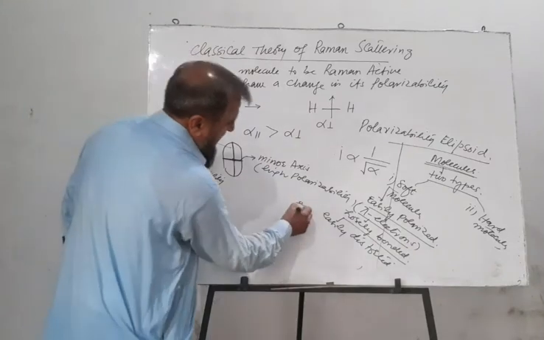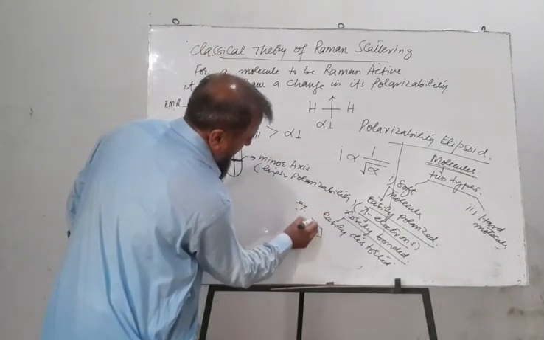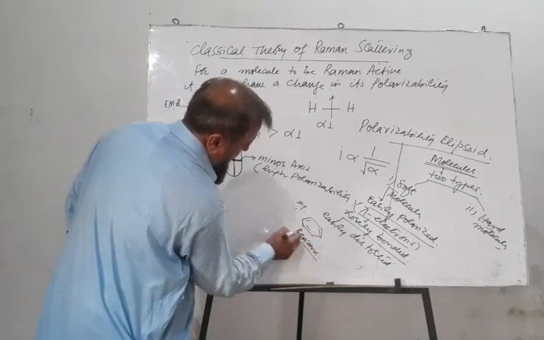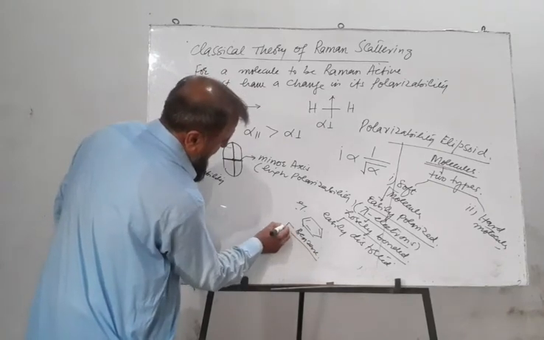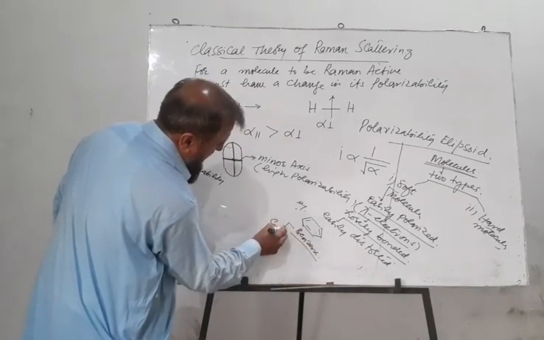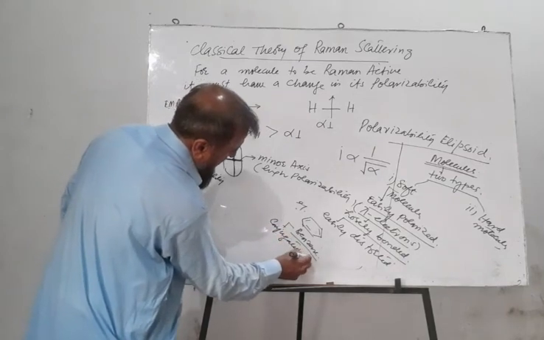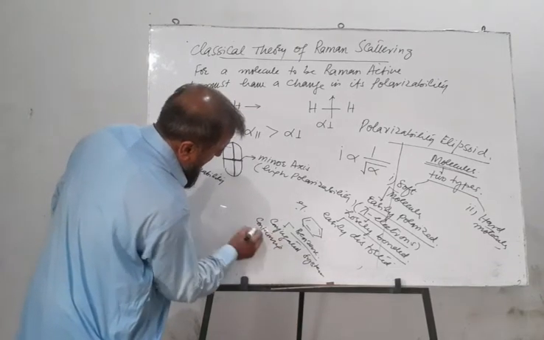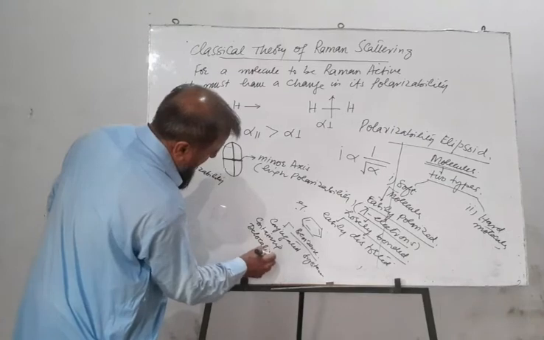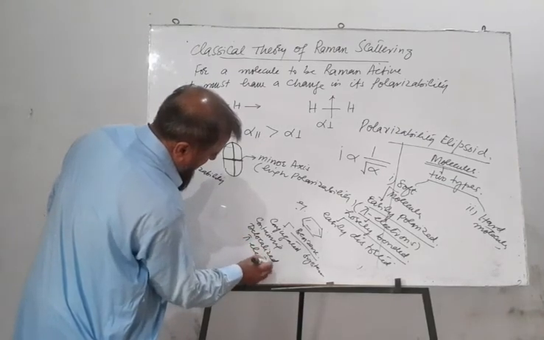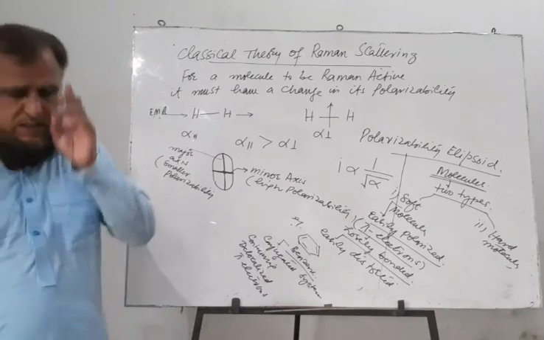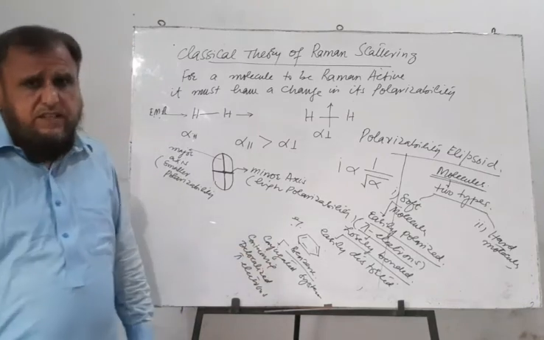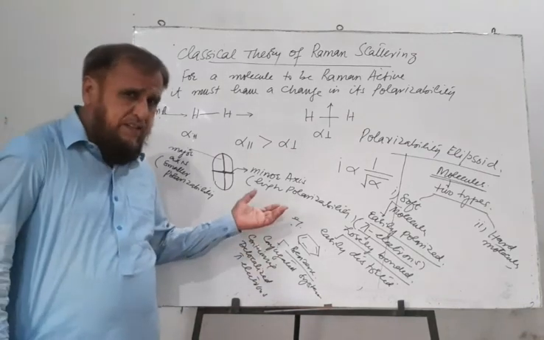For example, in the case of benzene, we have delocalized pi electrons. Benzene is an example of soft molecules, a conjugated system containing delocalized pi electrons. These pi electrons can be easily distorted by application of an external oscillating electric field or electromagnetic radiations.